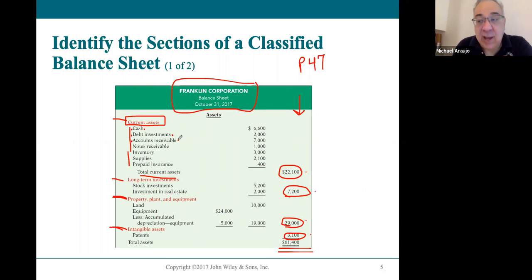I've already done the work and you need to pay me. So cash is already cash. Debt investments can be turned into cash at the end of the day. Accounts receivable are expected to be cash within 30 days. You see that there's an order now.